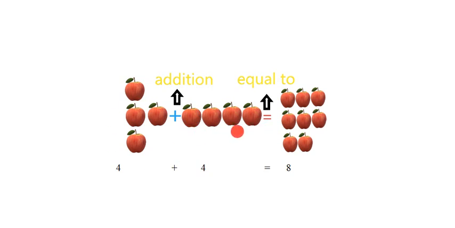Then how many apples do you have altogether? Let's count them. One, two, three, four, five, six, seven, eight. We have 8 apples in total. 4 plus 4 equals 8.